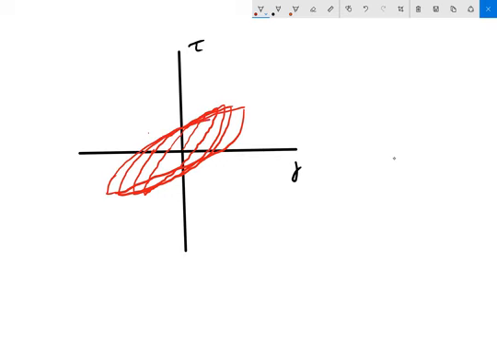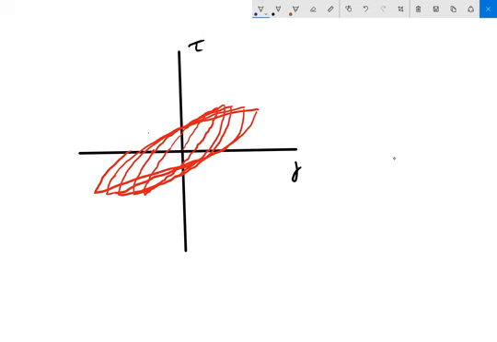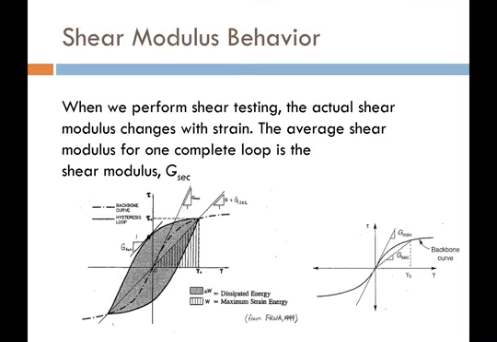And it's weakening every time we go through another cycle. Okay? So if we continue that process, if we were to plot the path of these peaks, they would look something like that, right? And the path of these peaks would look something like this. So that blue line is something that we're interested in, and we're going to call that blue line the backbone curve.